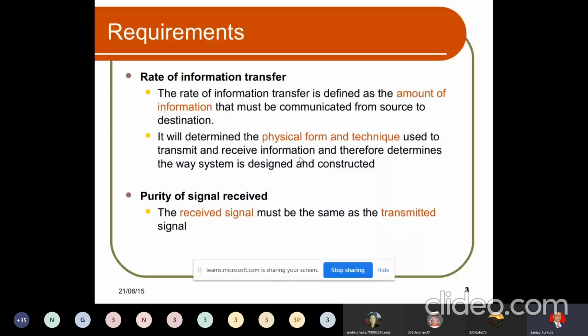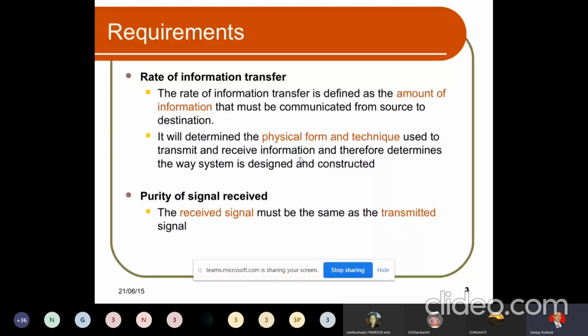So rate of information transfer is nothing but the amount of information that is to be transferred. Then purity of signal received. Sometimes from source to destination there may be some noise, and the signal may not be clear.